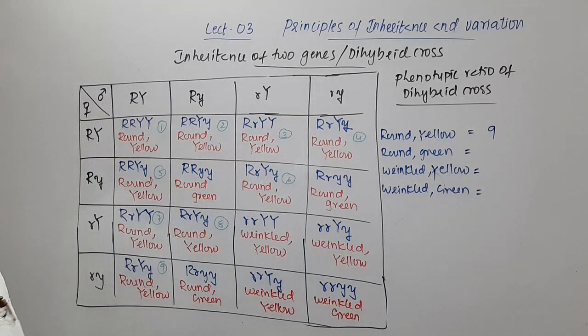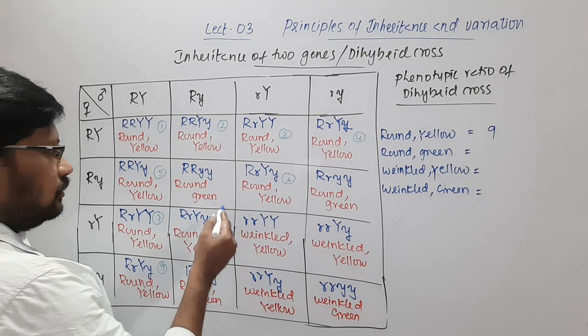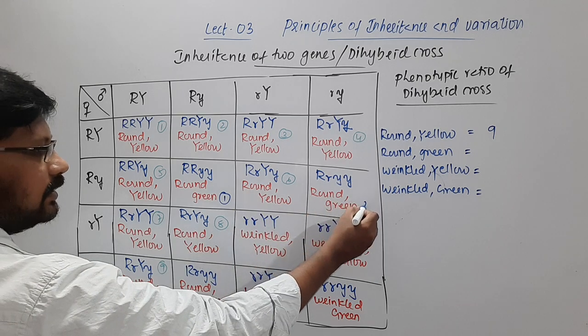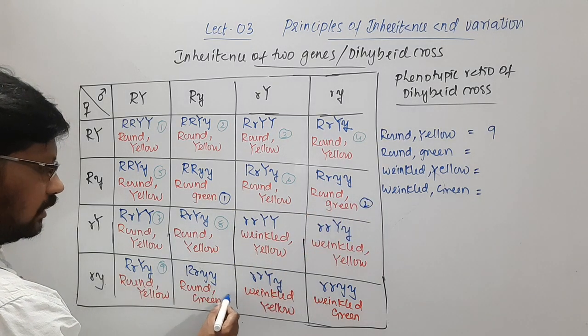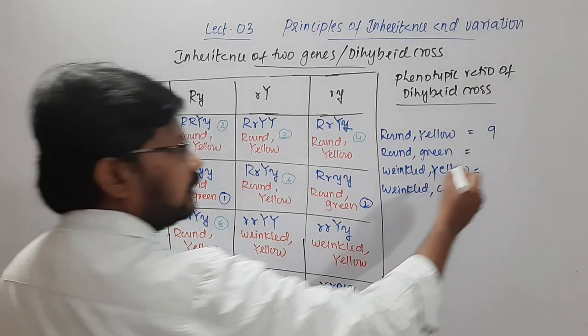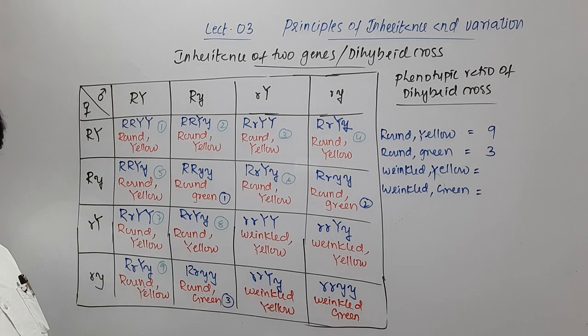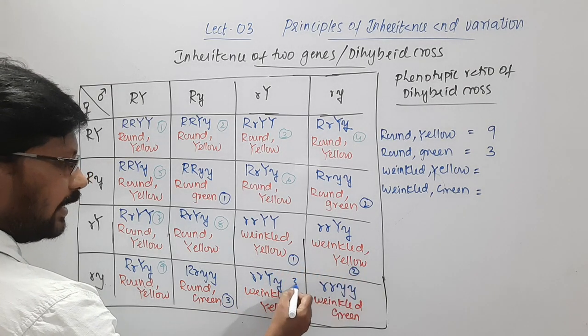Then coming to round green, here it is 1, then this is the second one, and this is the third one. So round green are 3 in number. Then wrinkled yellow, this is 1, 2, and 3.